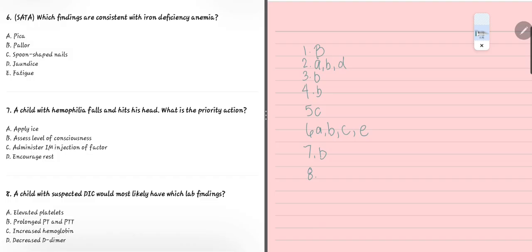Number 8. A child with suspected DIC would most likely have which lab findings? A. Elevated platelets. B. Prolonged PT and PTT. C. Increased hemoglobin. D. Decreased D-dimer.